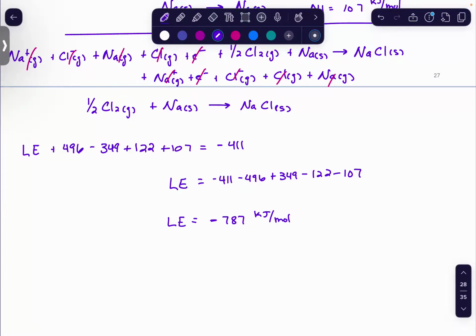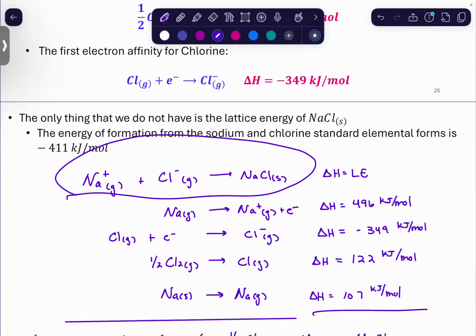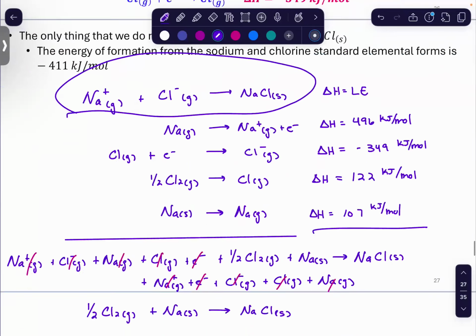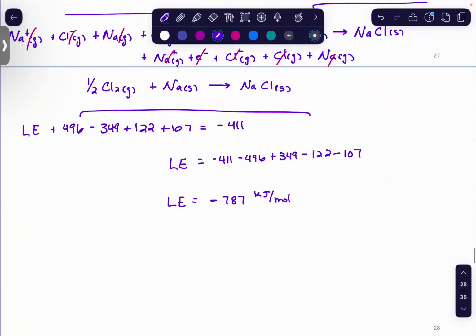So that's using Hess's law, given the fact that we have to know that equation right there, which is the equation we have to have for lattice energy. Again, ion in gaseous form plus ion in gaseous form gives our crystal. And we're then trying to find the overall reaction, which is the formation equation.